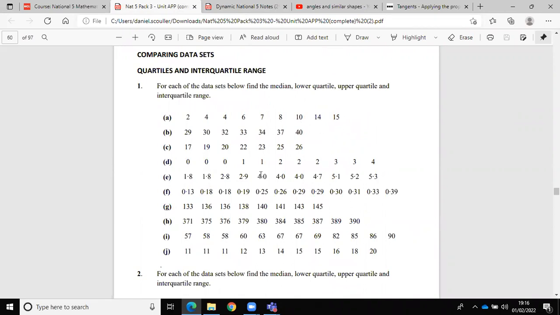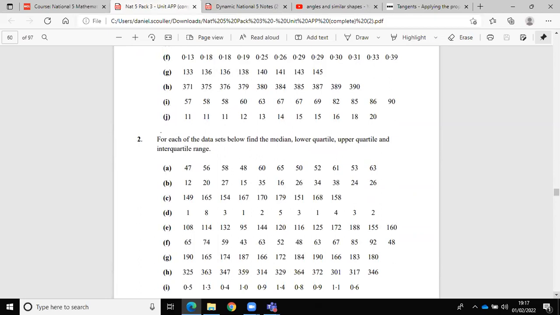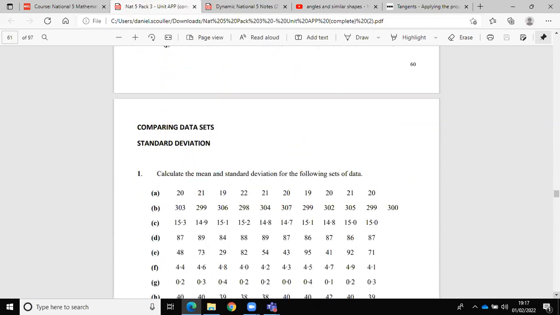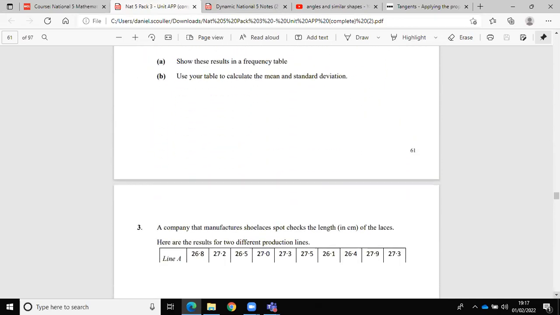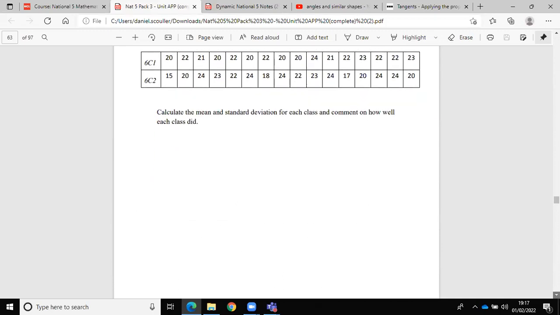So if you wanted to practise on that, it gives you a bunch of different ones. I think it might organise them for you, so it makes it nice and easy. Remember the answers are at the back. This asks the same question, but it asks you to organise it yourself. Nothing much in that. Not done standard deviation yet. Let's have a look.